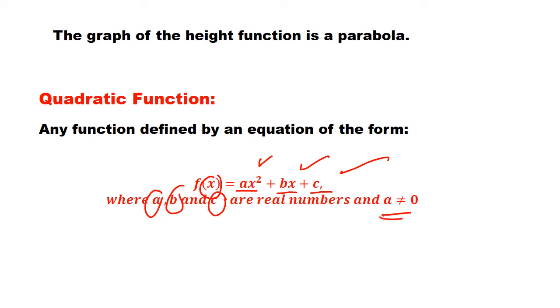And A definitely has to be a number that is not 0. If A is 0, then we have a linear function. So any function defined as y equals ax squared plus bx plus c, or also defined as f of x equals ax squared plus bx plus c, is going to be a quadratic function.